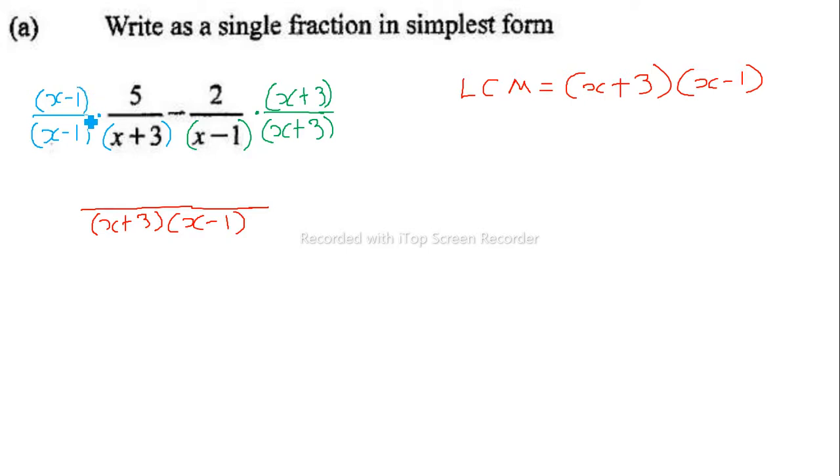Good. So now, for our denominators, we have x minus 1 and x plus 3, which is right here. For our numerators, we're going to take 5 and multiply it by that, and take 2 and multiply it by this. Alright, so that's what we're going to do.